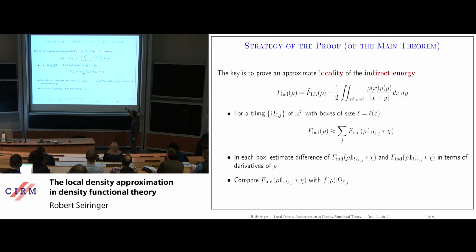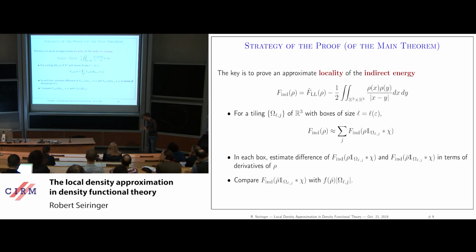Now we're down to a system with a constant density, and we still have to compare this system with the one given by the homogeneous electron gas, which is its thermodynamic limit. This is what I displayed a couple of slides ago: if you take the energy of a system with a constant density, then the energy per volume will have a thermodynamic limit, and that's exactly the F. But that statement is not enough for us.